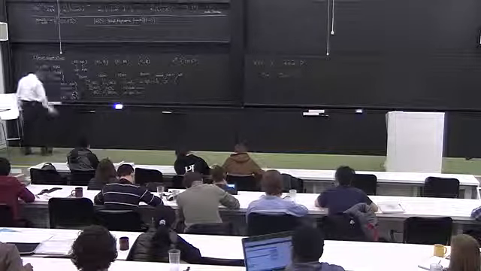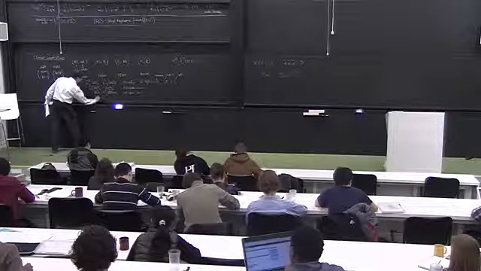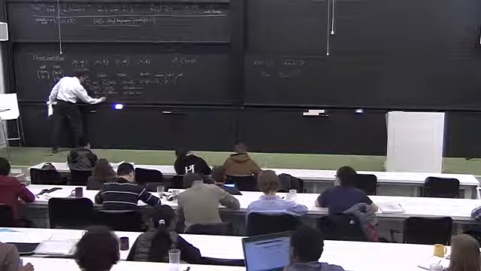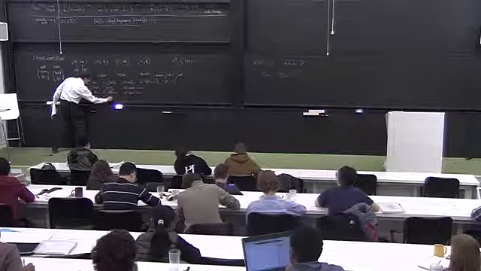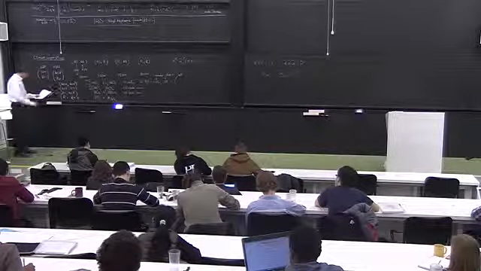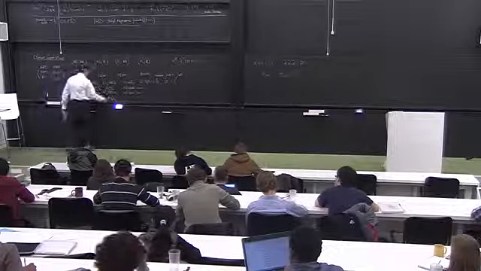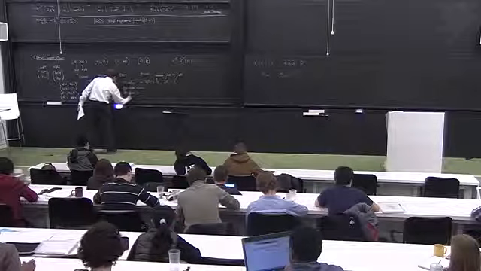And here, Ramond. This is RA on the left times RB bar on the right. And these are 64, because it's 8 and 8. 64 bosons.